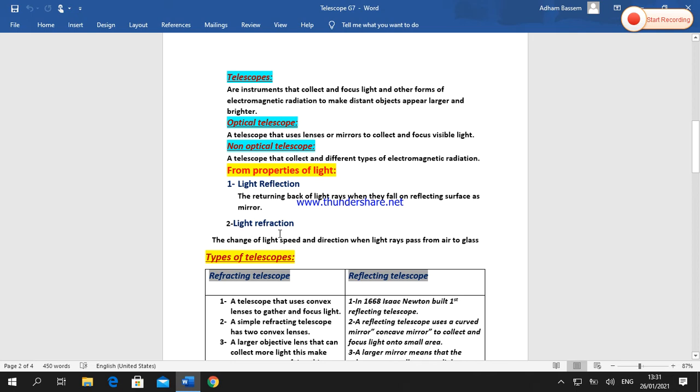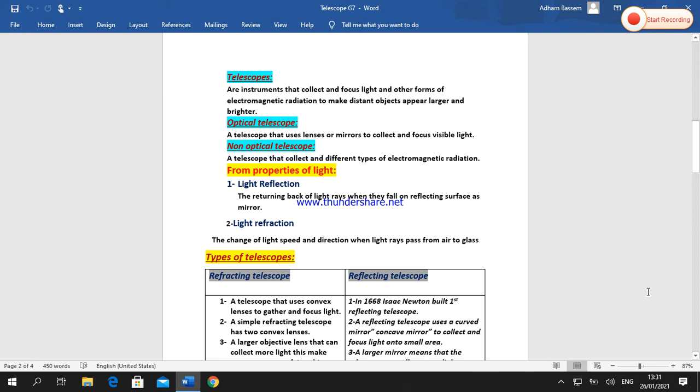Light refraction means when light passes from a transparent medium such as air to another transparent medium such as glass, it refracts. Why? Because when light transfers from one transparent medium to another, it changes its speed and direction, so it refracts.